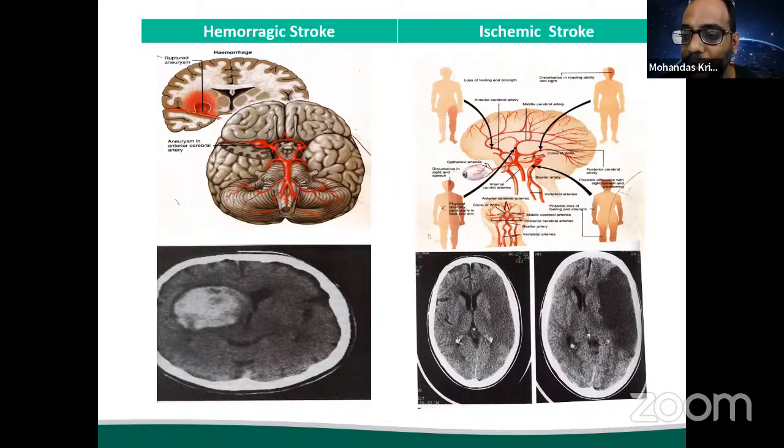So this is also called a deficit. Now when you have a stroke over here, in this area near the homunculus, it is called hemiplegia. When you have a stroke here, you have weakness in the other areas.